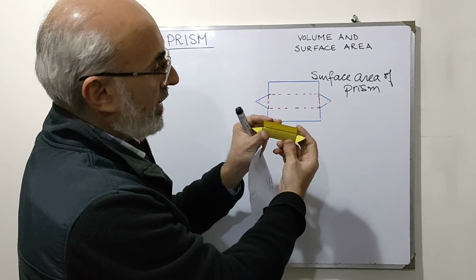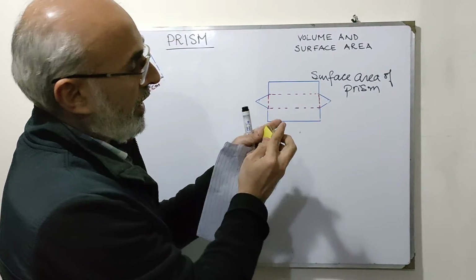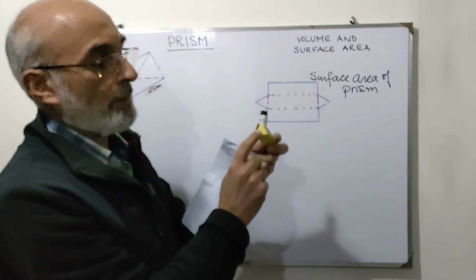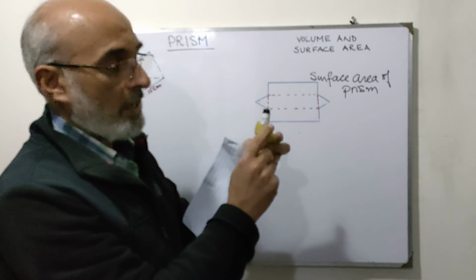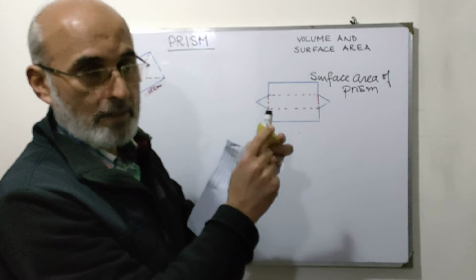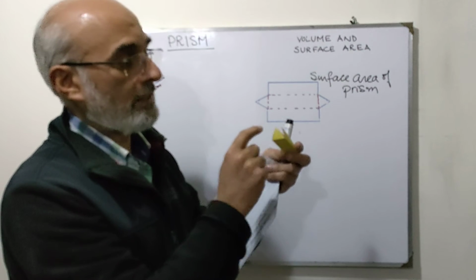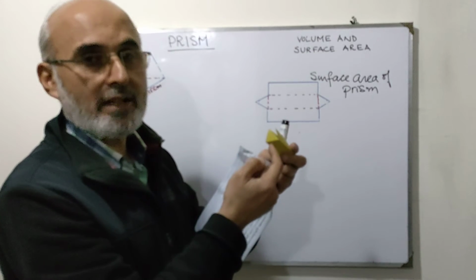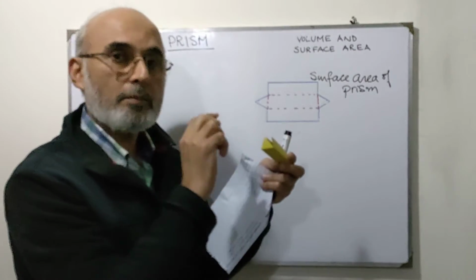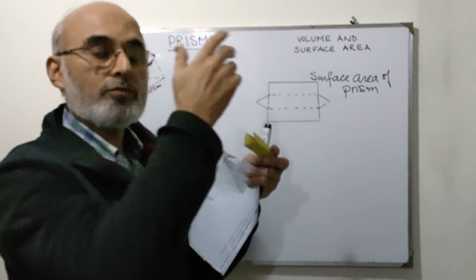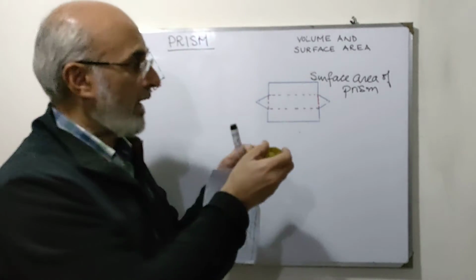You see, when I was talking about the base of the prism, I said if I know the perimeter of this base, which was 5 plus 5 plus 6, it was giving me one dimension for that rectangle when I unfold it.